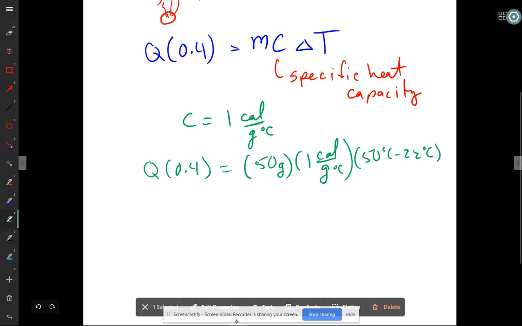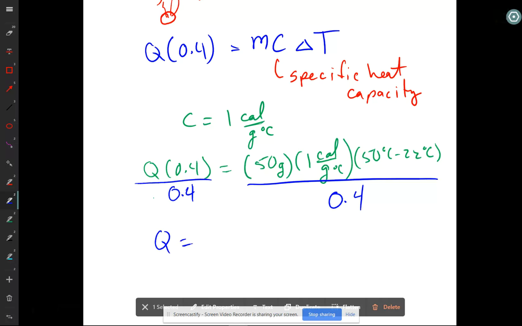So I have 50 divided by, 50 minus 22, by the way, is what? 28? 50 times 28 divided by 0.4. Divided by 0.4 because I wanted to get Q by itself. So 50 times 28. 28 is 7 times 4.